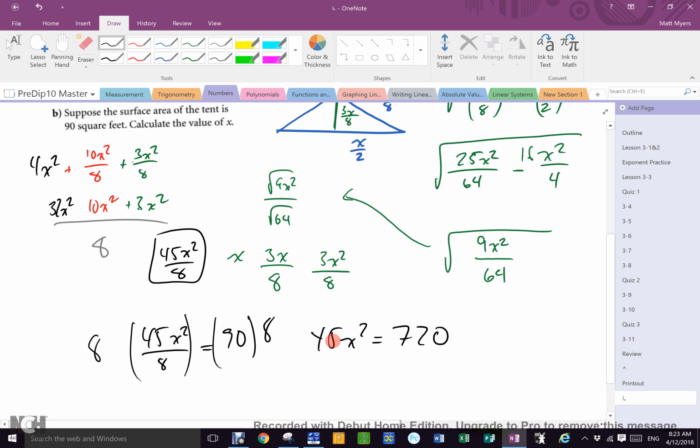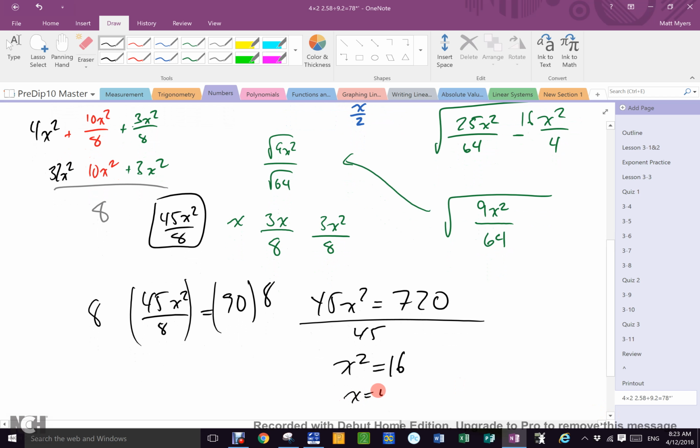How do I get rid of the 45? Divide by 45. X squared is whatever that is. 16. Oh, it works out perfectly. Nice. And x equals 4. Okay?